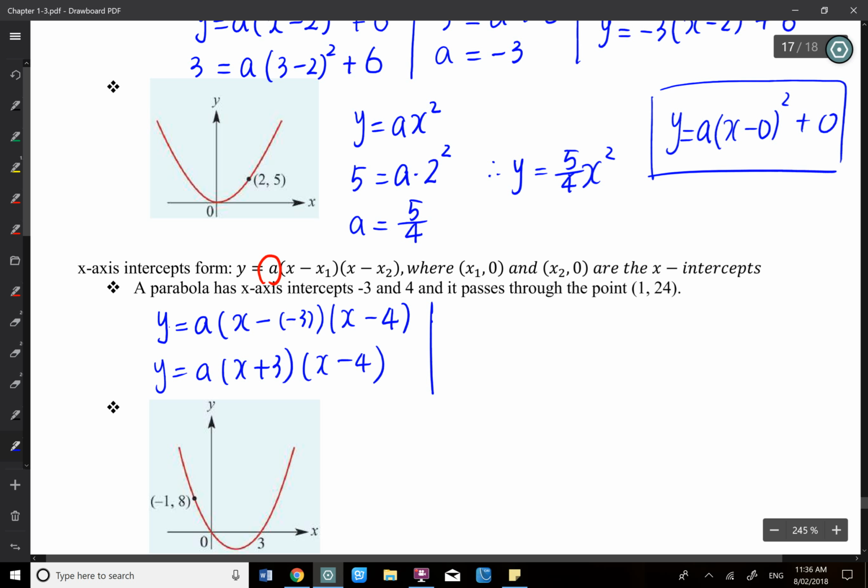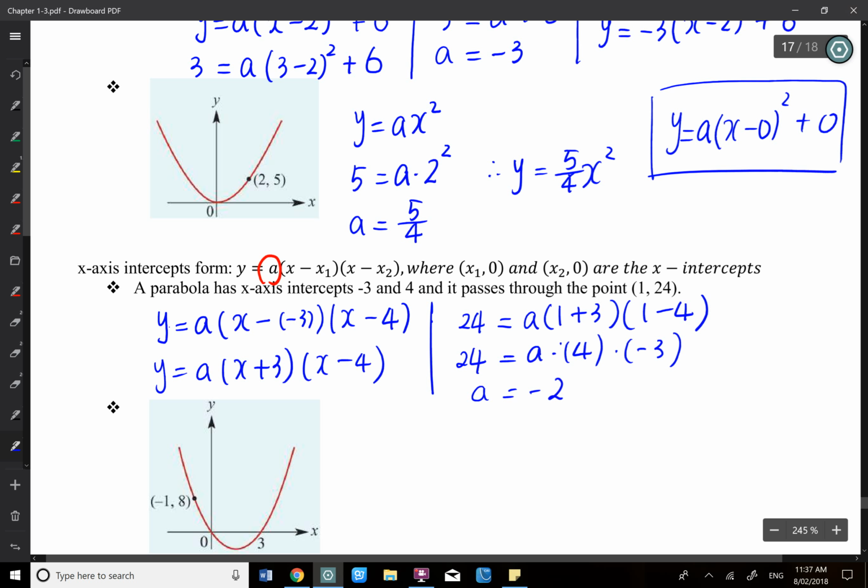Then we can sub the point in. So 24 equals a(1 + 3)(1 - 4). So 24 equals a times 4 times -3. So 24 equals -12a, and a is -2.